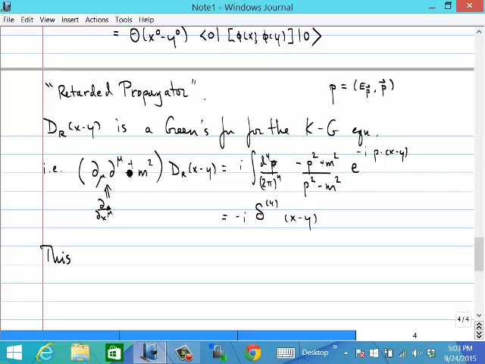And this can be used to find solutions of the Klein-Gordon equation in the presence of sources.